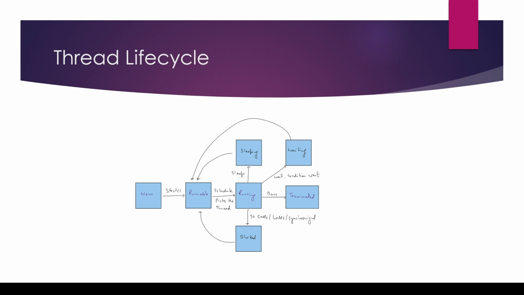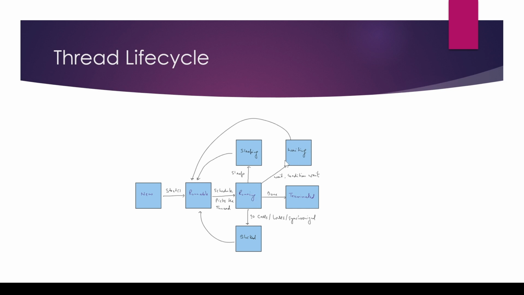We haven't covered some of the common methods, which we will cover shortly, but there is a sleep method that we can call to put the thread temporarily in a sleep state. When the thread is in sleeping state, it will not do anything. It will not be executed by the CPU. But once it is out of that sleep, it will be put back to the runnable queue, which means it will wait for the scheduler. And once the scheduler picks it up, it will again start running.